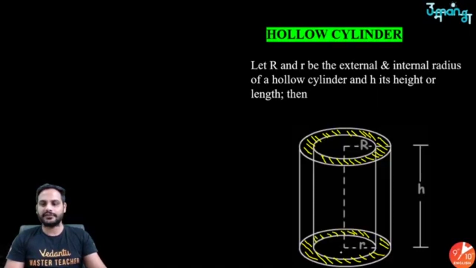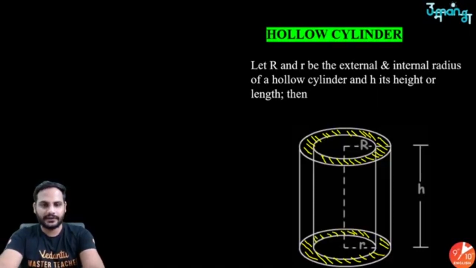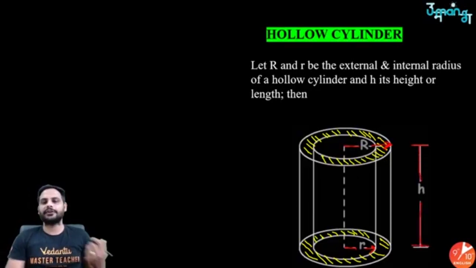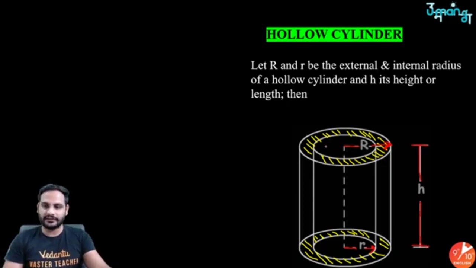So we have two radii. One is your inner radius, small r, and one is your outer radius, capital R. And the height of the cylinder is h. Right. Now see, if I talk about the inner curved surface area, it will be the curved surface area of the inner part.